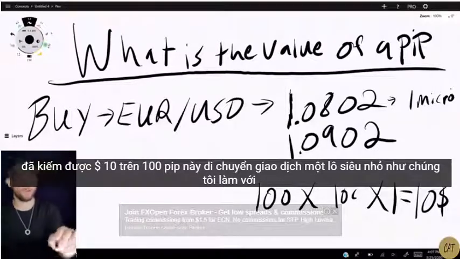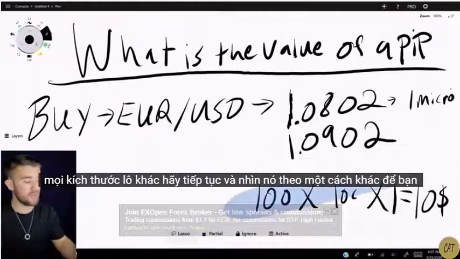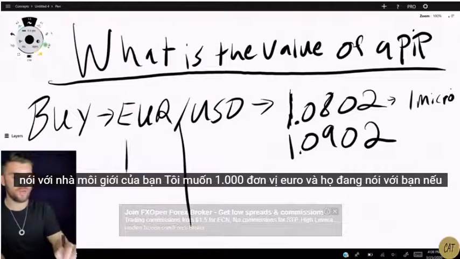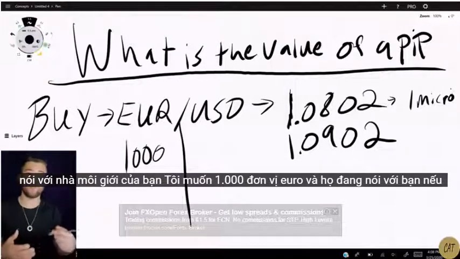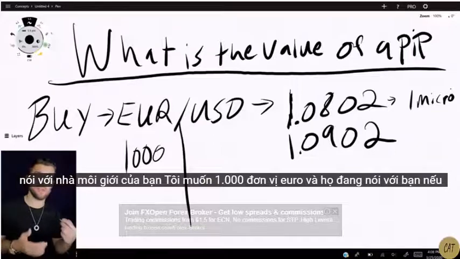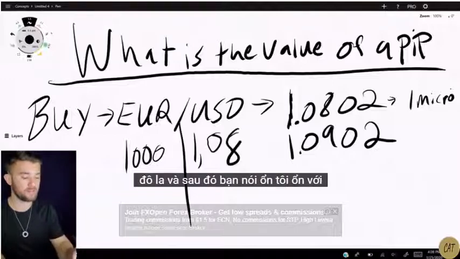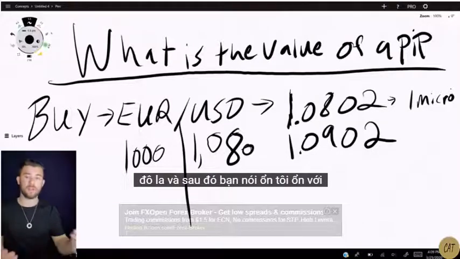So as we do with every other lot size, let's go ahead and look at it in a different way. So you're telling your broker, I want 1,000 units of the euro. And they're telling you, if you want 1,000 units of the euro, we're going to charge you $1,080. And then you say, okay, I'm fine with that.